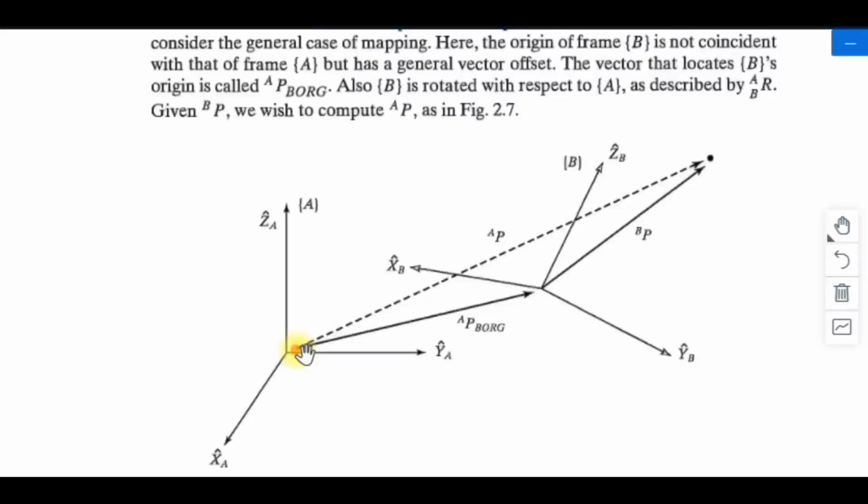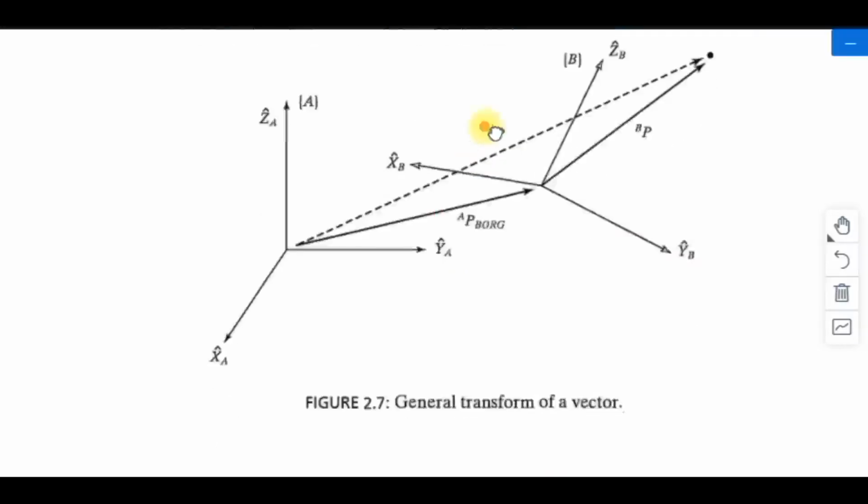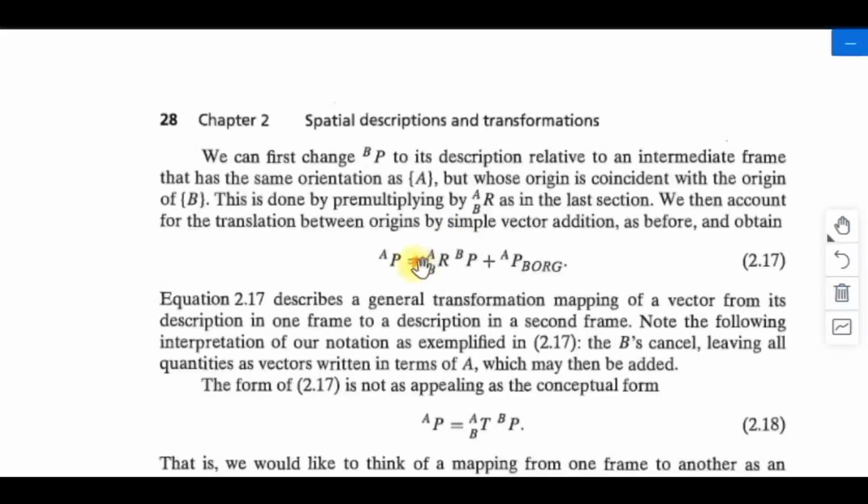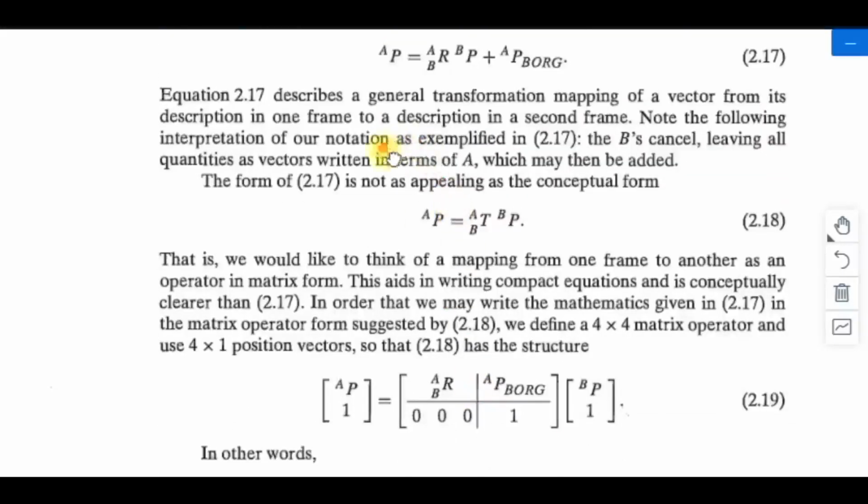Its origin is basically a translation motion. So it's given as A P ORG, and after that the rotation. So translation and rotation both give the present position with respect to another frame. Which we already covered.